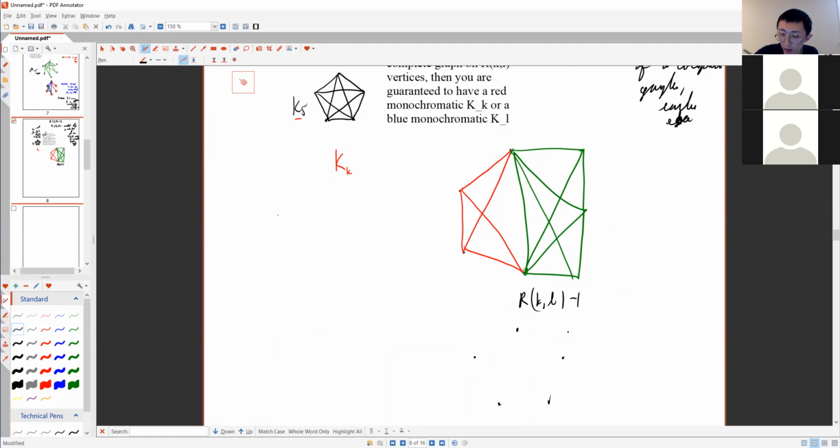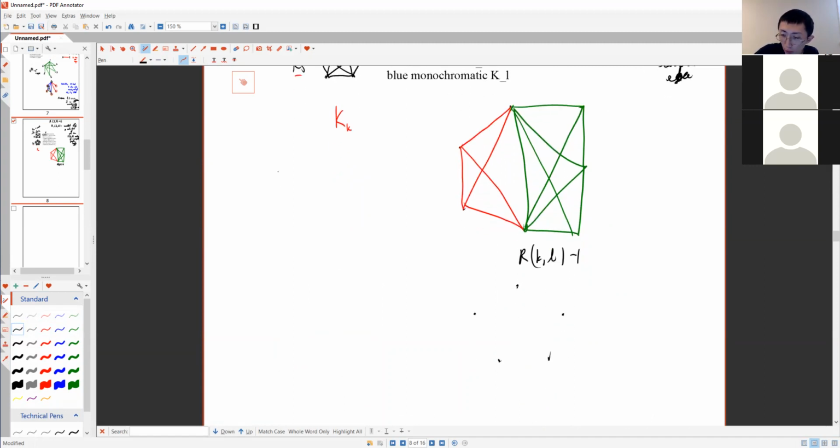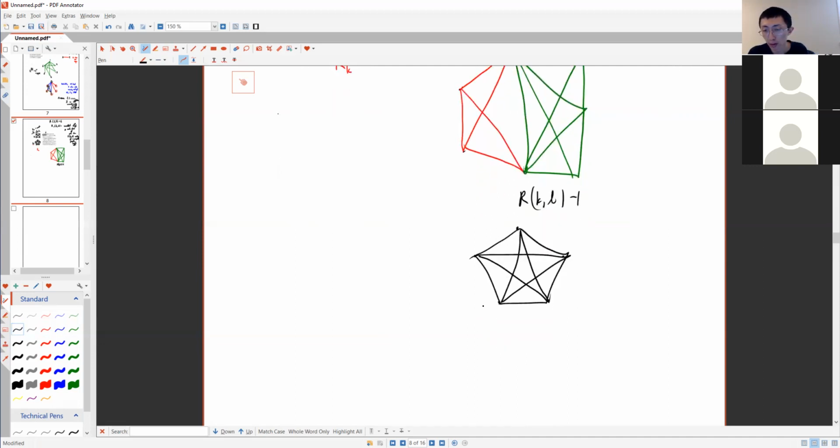How can I color the 10 edges here so that there's no red or blue triangle? Is there a way at all?